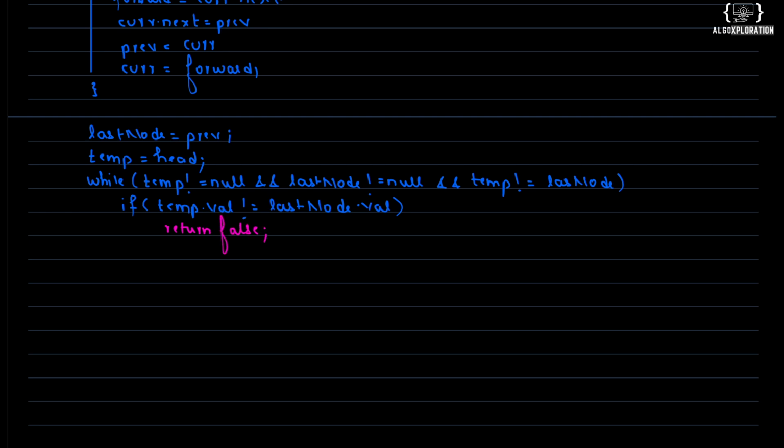If this is not the case, then temp is equal to temp dot next, and last node will be last node dot next. And that's it, we are done. If we have gone through all the nodes, that means the given linked list is a palindrome, so we can simply return true.